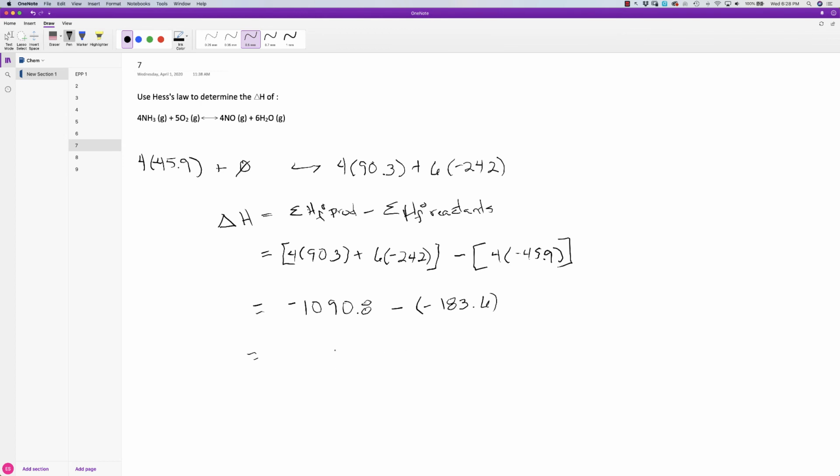Do our adding here, we come up with negative 907.4 kilojoules. That's change in enthalpy. Okay? Again, using the chart. Don't forget your sig figs when you do this.